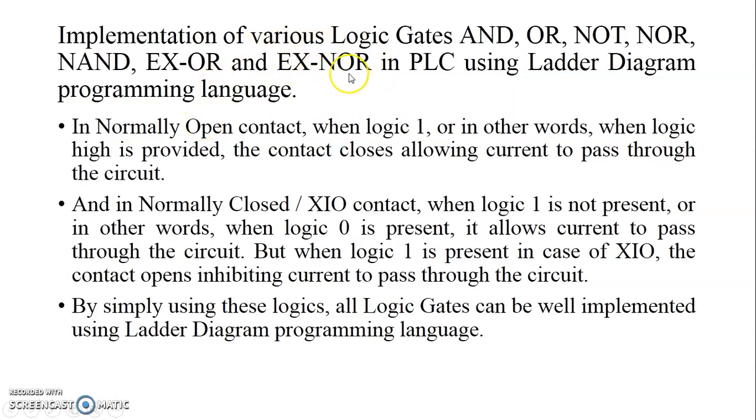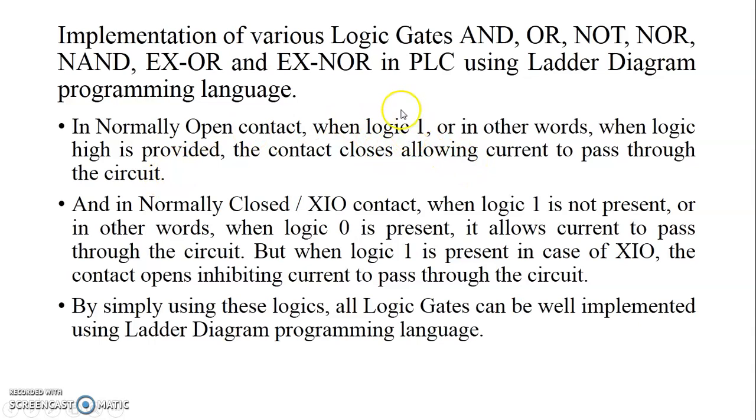Before going for the implementation, we have seen that the input is represented by normally open contact and normally closed contact. Normally open contact means when you apply a logic 1 to it, it allows the current to pass through the circuit.